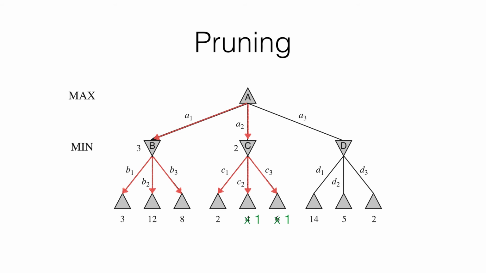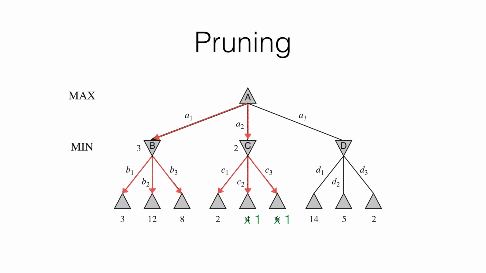And then action 2, we discover that there's a way for the min player to make the utility value 2. It doesn't matter that the min player can also make it 1. The min player can make it even worse for us, but already, because the min player can make it 2, it's a worse move than A1.